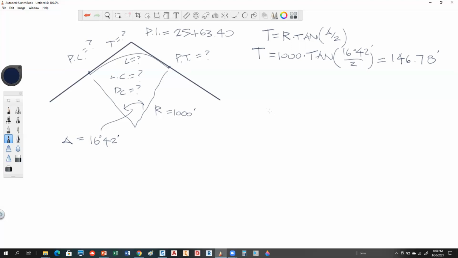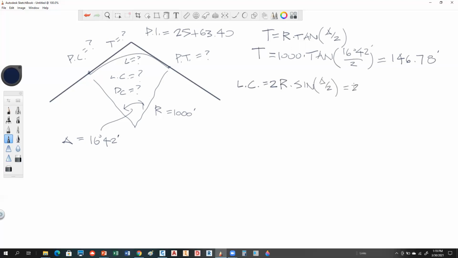All right, so the next thing we're going to do is calculate the long chord. The long chord is the distance, a straight shot, from PC to PT. That's defined as 2 times R times the sine of half of delta.